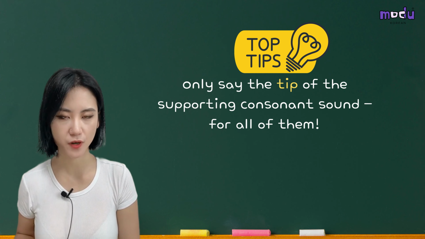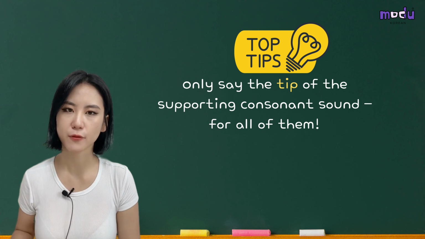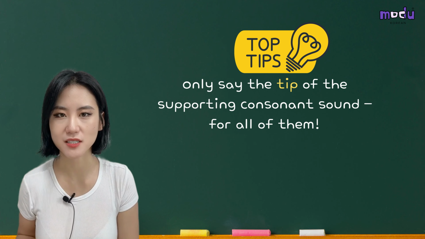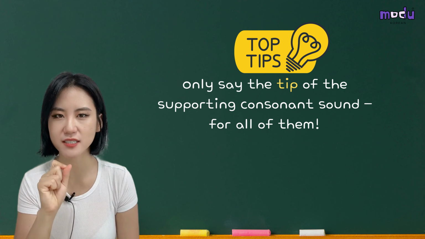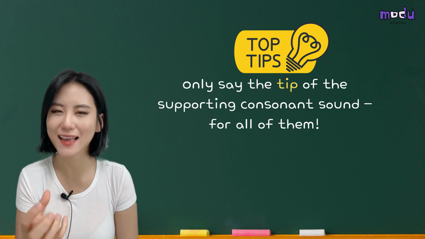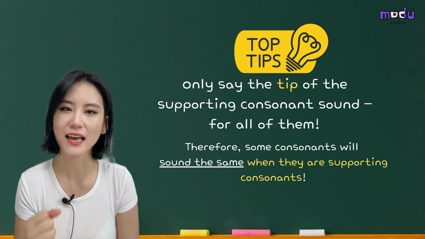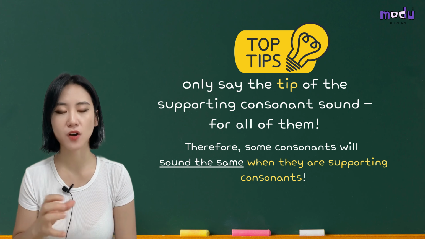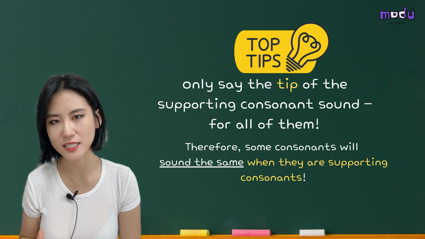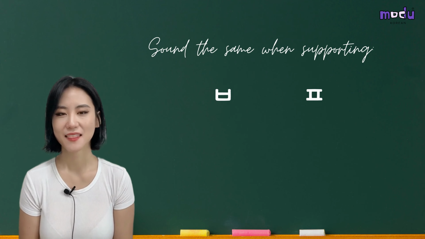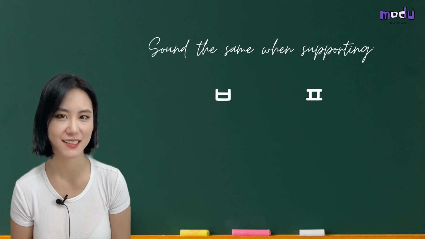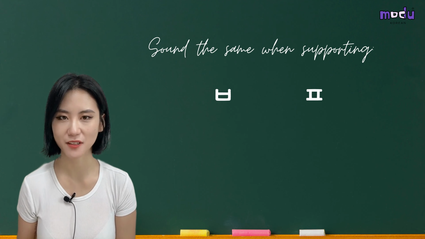So as you can probably tell, the trick with pronouncing any kind of supporting consonant is to only say the tip of that consonant sound. We're only barely saying it, okay? What that means is that some consonants, when they are supporting consonants, will sound the same as each other. The B and the P consonant are an example of this.